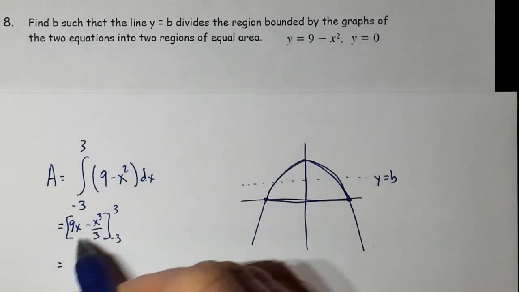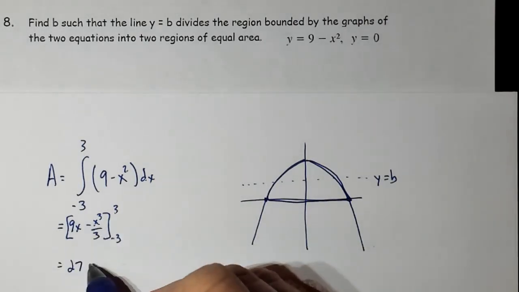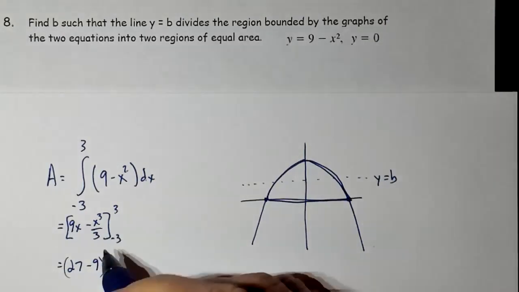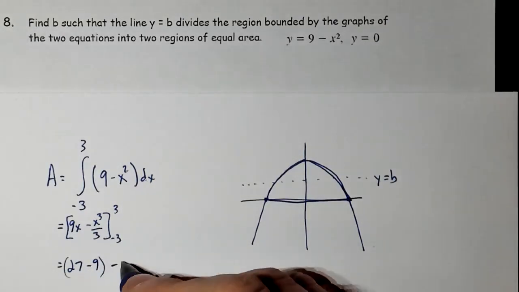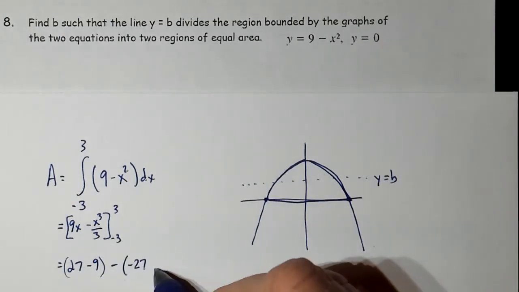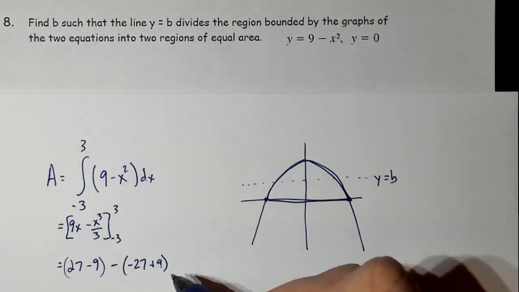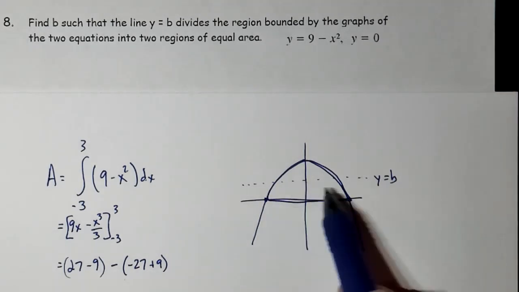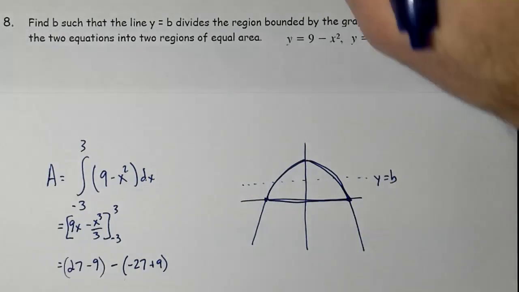So this is going to be equal to 27 minus 9, that's plugging 3 in, minus -27 plus 9. So we're looking at 18 plus another 18, so 36. So this area right here is 36.